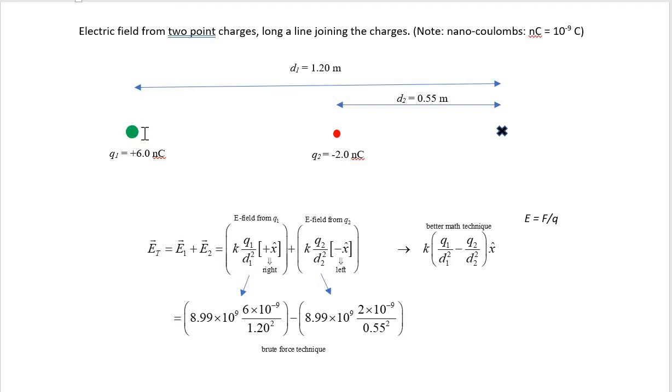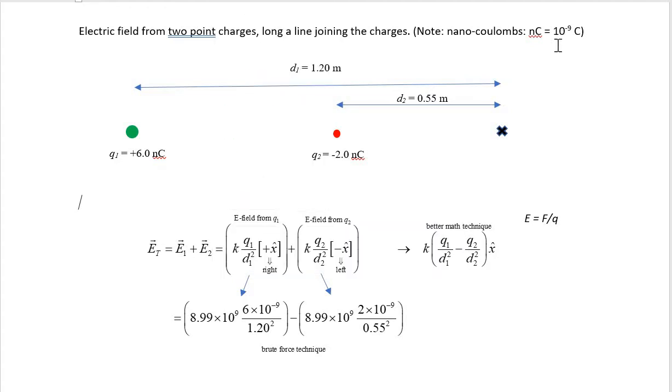It's like you remove whatever charge I put at the origin, just take it out of the problem, and then you're going to calculate the electric field from two other point charges. Okay, so let's look at this case. In this case, we want to consider our point charges here and here and calculate the electric field here at this big X. Here's what I've done. I've labeled, it's nice notation, Q1 to be plus 6.0 nanocoulomb.